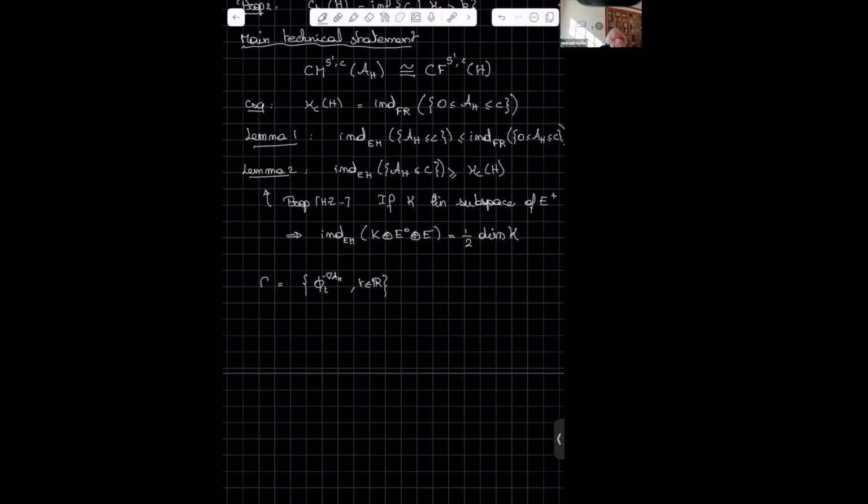Of course that looks like a one-dimensional group, but it's actually an infinite-dimensional group, and it has the property that when you study this intersection problem of E minus plus E zero plus with the other, you can make a change of variable so that the intersection problem is a finite dimensional fixed point problem, like a Leray-Schauder fixed point problem.